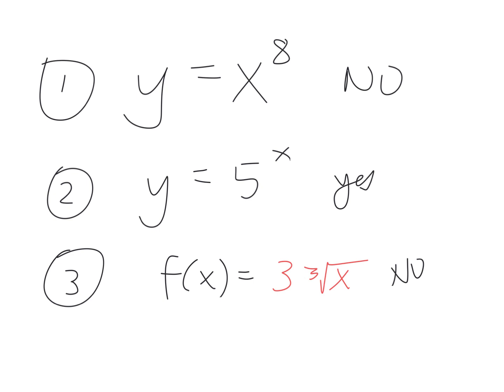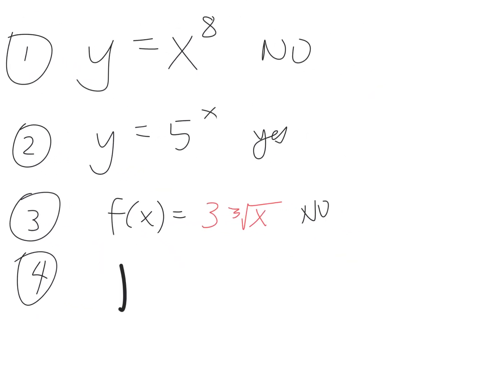Okay, number 4. Brady, would you read me number 4? Y equals x to the power square root of x. If they do anything weird, well, first of all, x is only supposed to be in the exponent, so this one's out. Not supposed to have an x there. Even if they had just had the square root of x, it's a weird power, so I would have been suspicious.